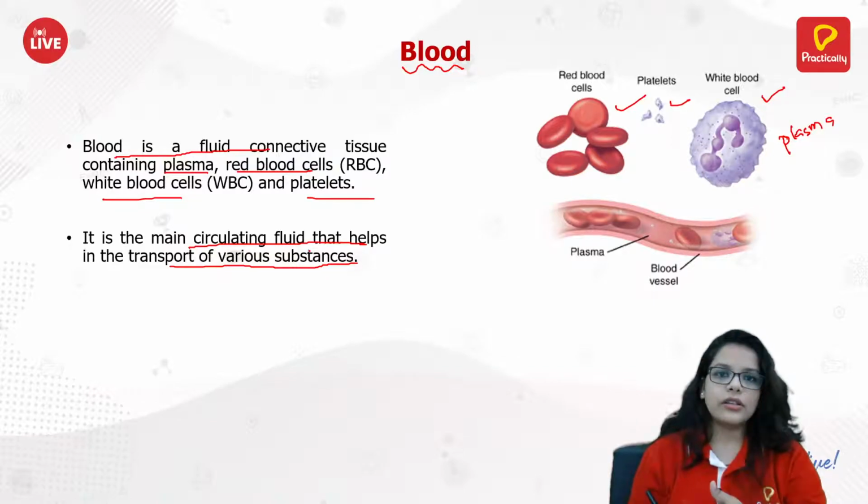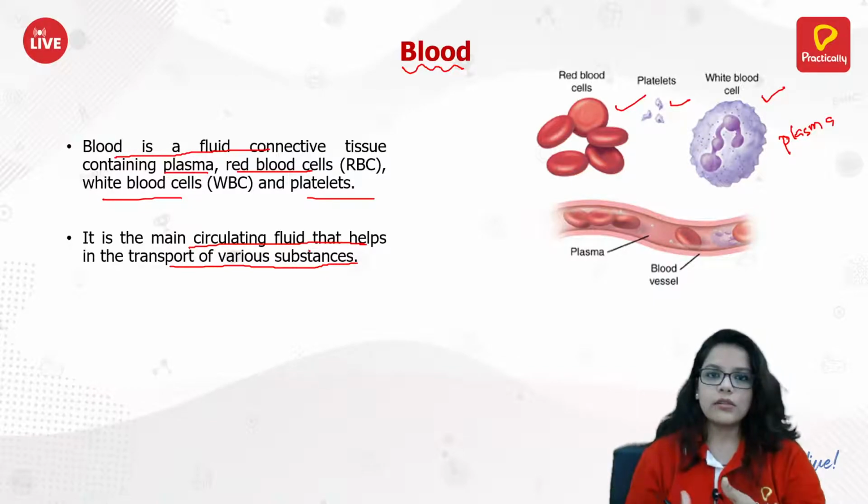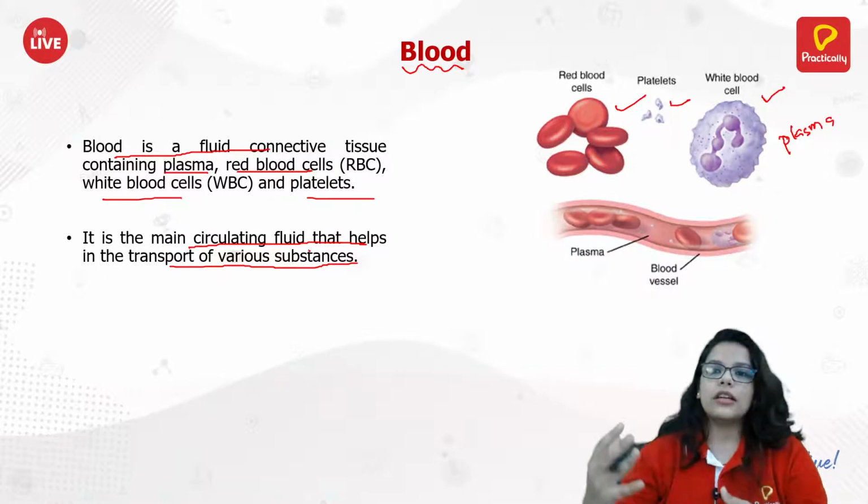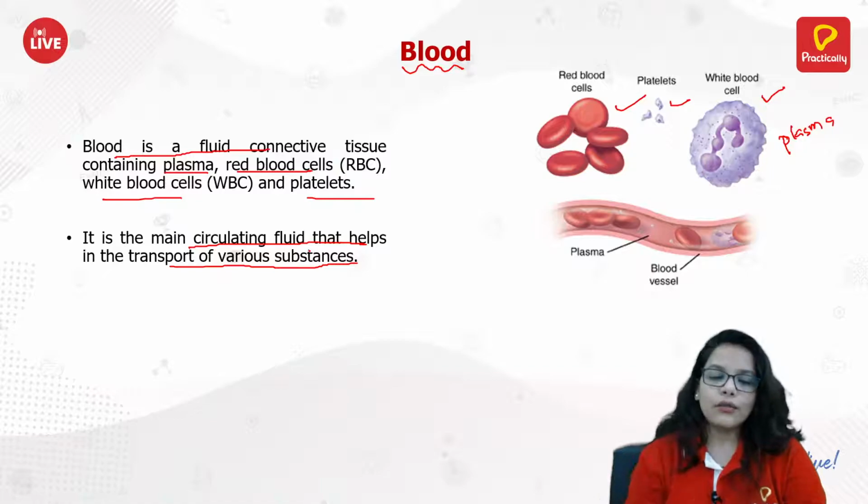It is the blood which provides nutrition, which carries the hormones. Blood has a lot of functions. It is circulating the food, the gases, and fluids like hormones, etc. So it is one of the main connective tissues in our body.